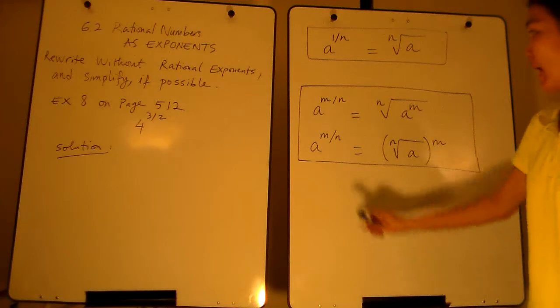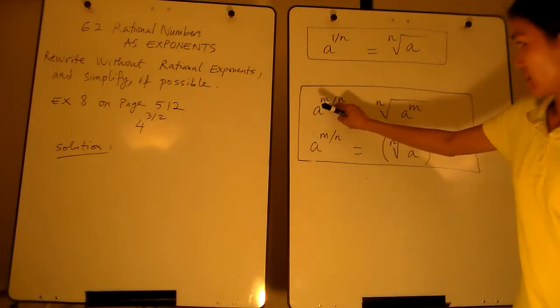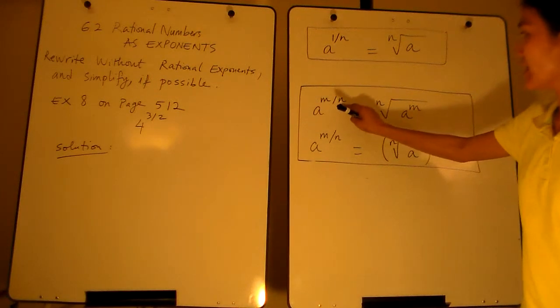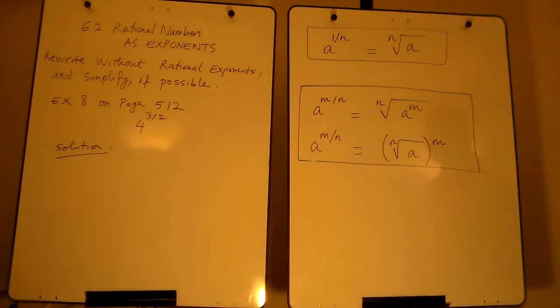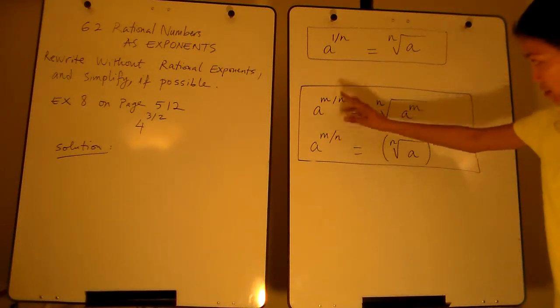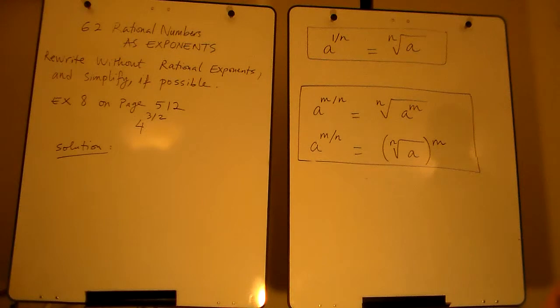It's generalized: M can be any number, and N can be any number except 0. For this case, we're going to use either this formula or this formula. They're all the same, as you see on the left-hand side. So this equals this.